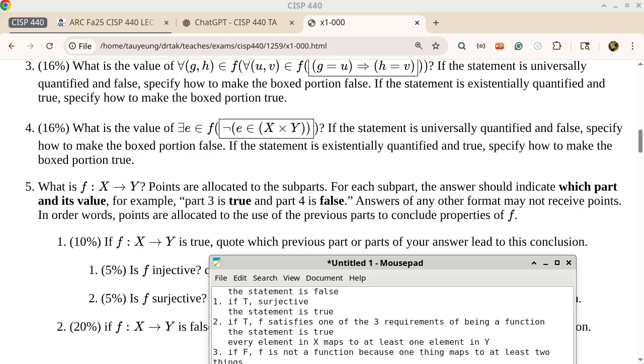So if you miss one necessary requirement, then that's enough already. But because they're all necessary requirements for f to be a function, when I ask why f is a function, you have to quote all three. If it is false, only one is required, even though there might be multiple ones.